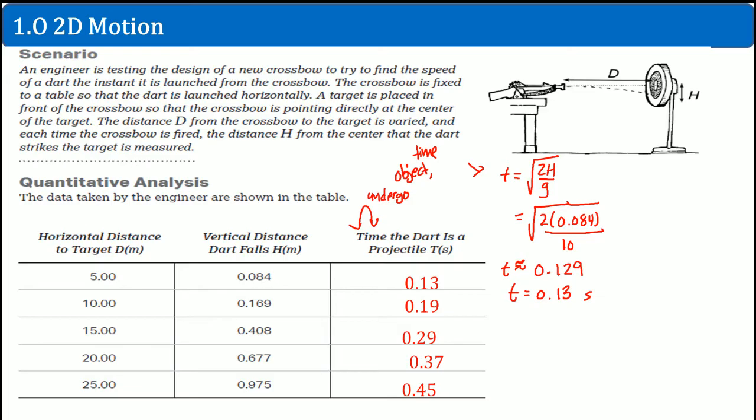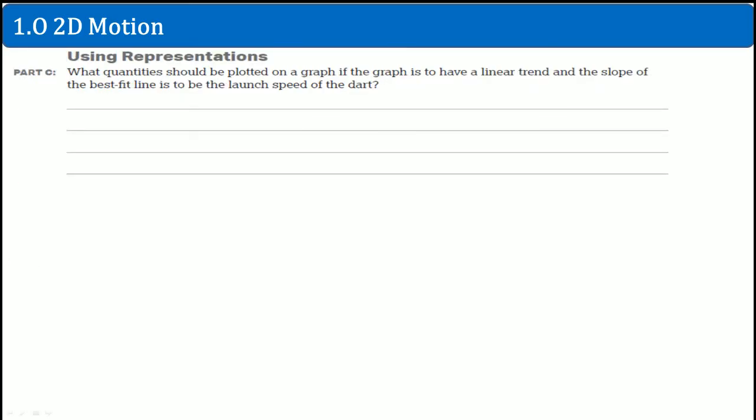But this is only for vertical height. Because if you want to think about this in terms of function notation, you could really think about it as this: time as a function of the drop height is equal to the square root of 2 times h over 10. Let me make this a small h to not confuse you. Okay, that's how it really looks, if you really want to think about it mathematically. Okay, so this is math, if you're a pure math person.